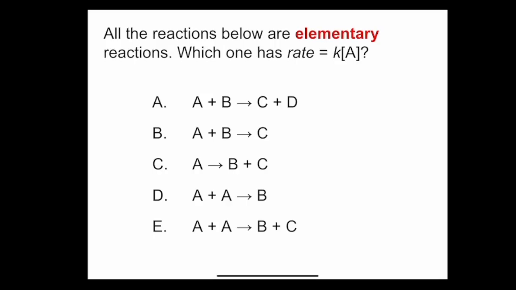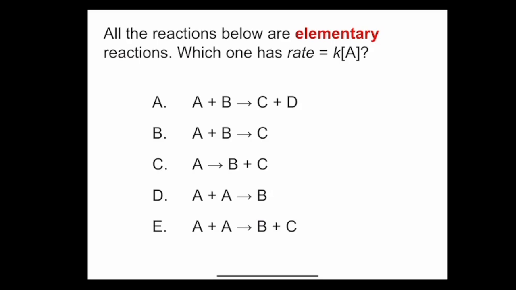So once again, if all these reactions below are defined as elementary reactions, which one will have a rate law that says rate equals Ka? All right. So, A, will that have rate equals Ka? How about D? How about C? How about B? How about A?